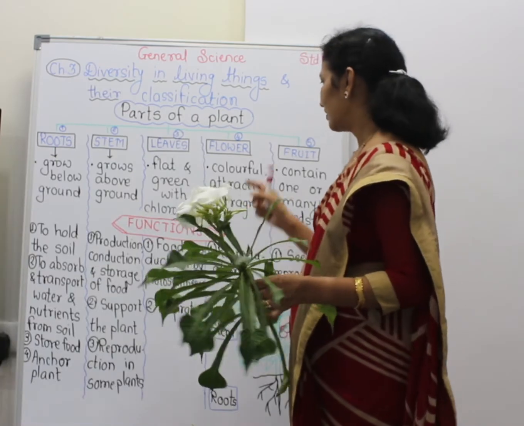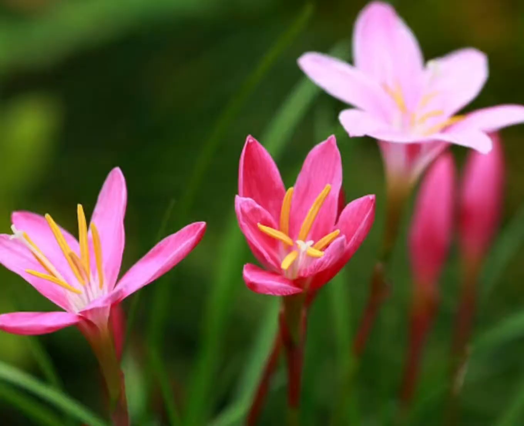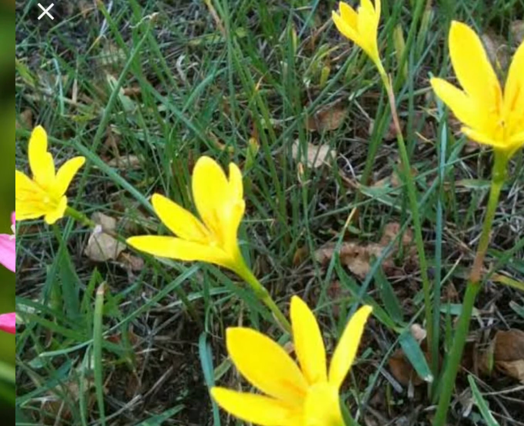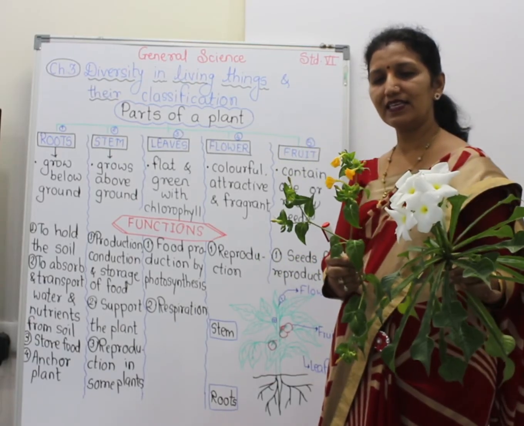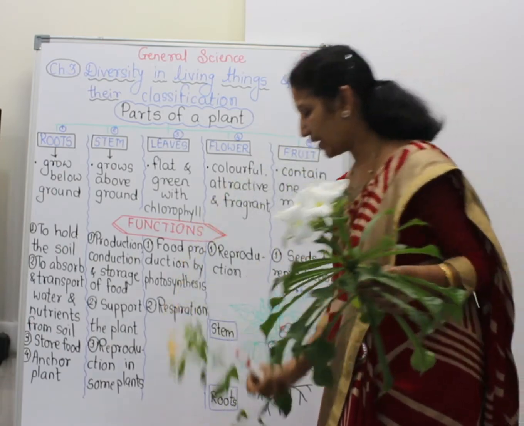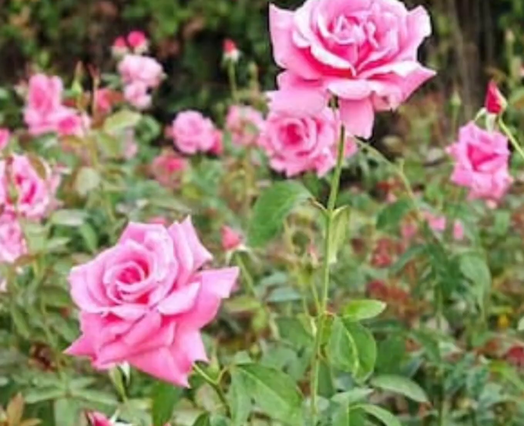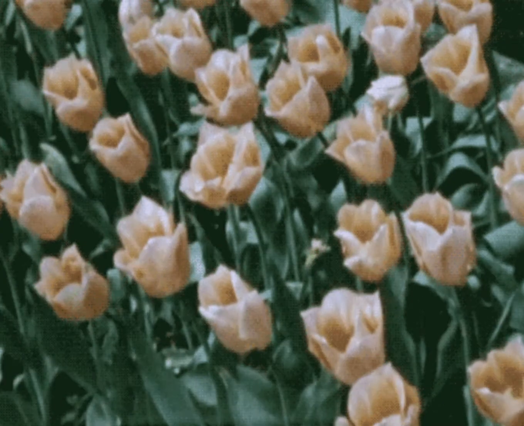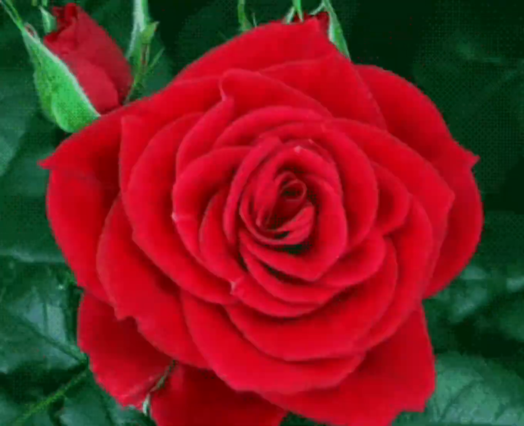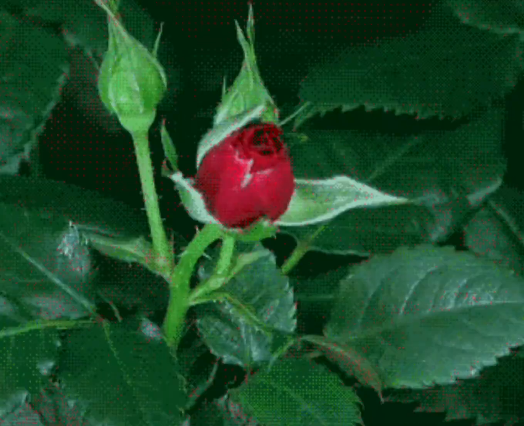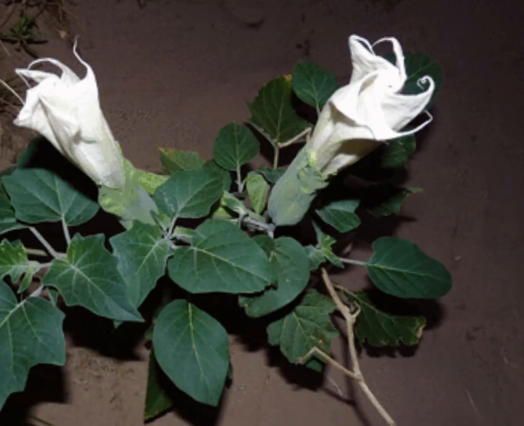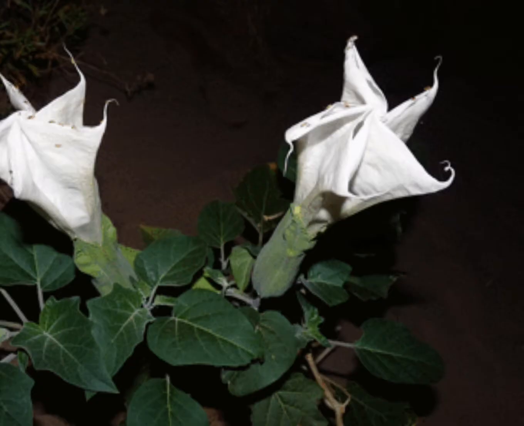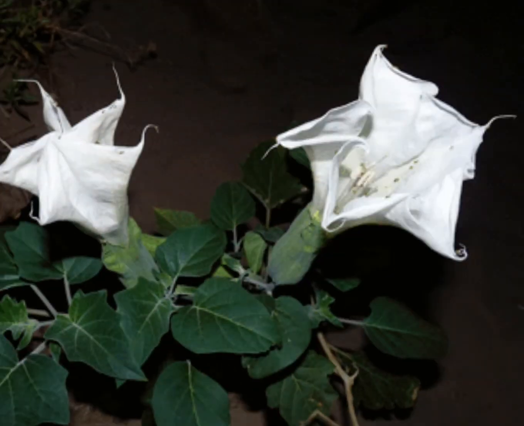Then flower. Flower is very attractive. It is colorful. See, you can see the different colors here. Yellow, white, then pink. These are the different colors of flower. It is fragrant. Some flowers have a sweet fragrance, whereas some have a strong odor also, like the datura.